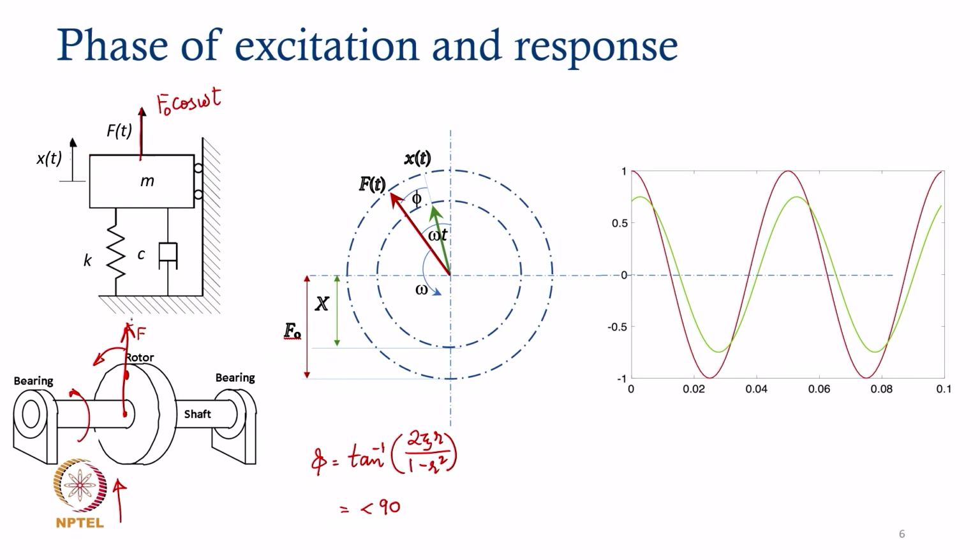So, at t equal to 0, the force has a maximum value of f naught, and then as it rotates, the force in the vertical direction keeps on changing harmonically given by this expression.